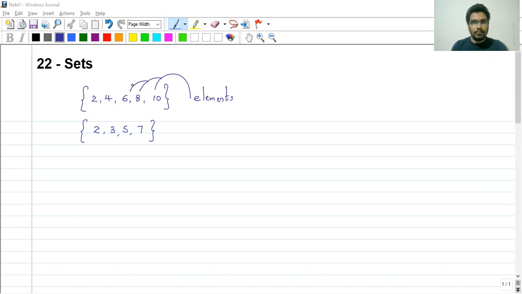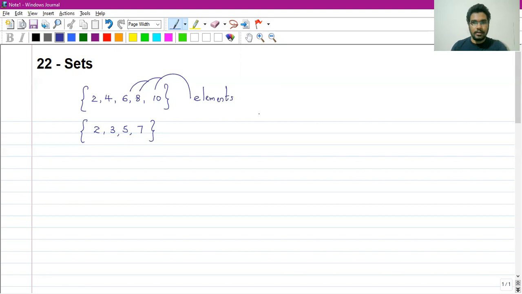If I say simple A is an element of set capital A, we can denote that like this.